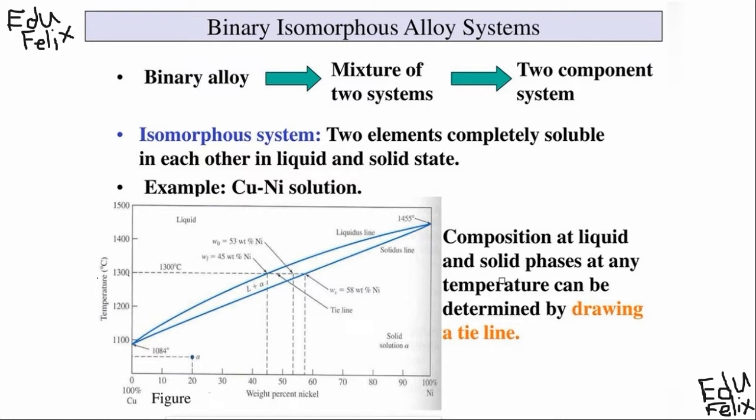So the composition of liquid and solid phases at any temperature can be determined by drawing a tie line. If you have an isomorphous binary alloy system, this is only binary; you also have tertiary, and likewise many other systems. Basically we are studying only up to the binary system at your level. So if you have a copper nickel solution in an isomorphous system, you can clearly identify those lines.